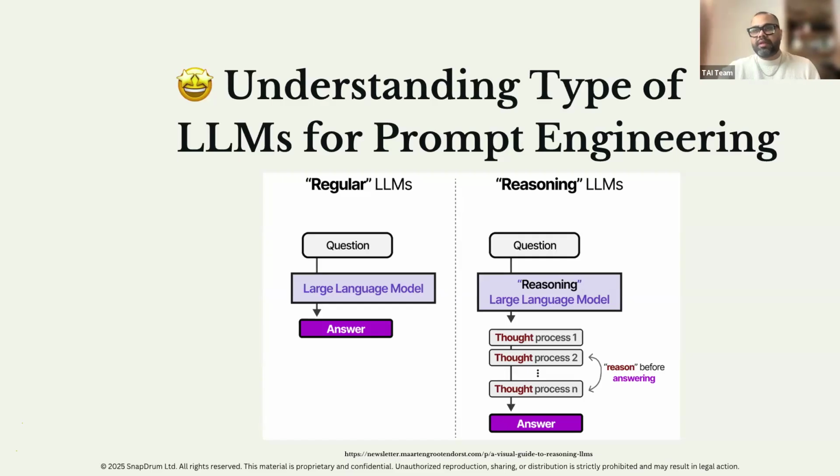And then you have the reasoning models, which are quite good at reasoning out, thinking through your question, and they have a thought process to give an answer. The reasoning models spend a bit more time to give an answer. So it's important to understand the two versions of these models, so you can pick the right model depending on your use case.